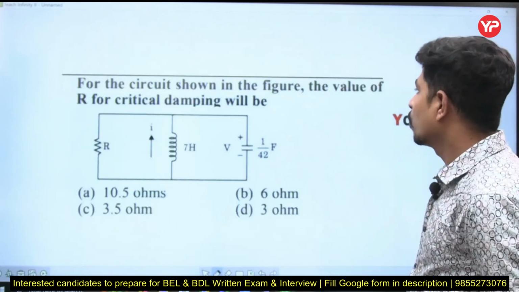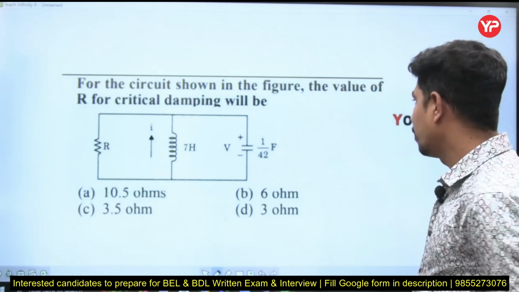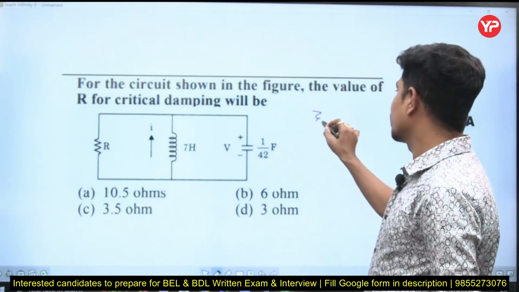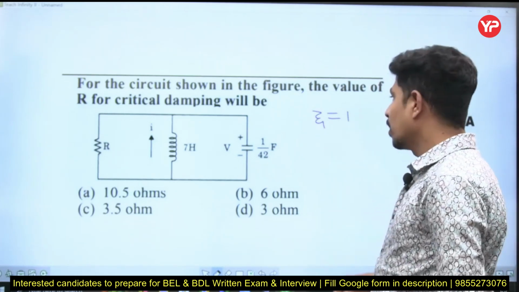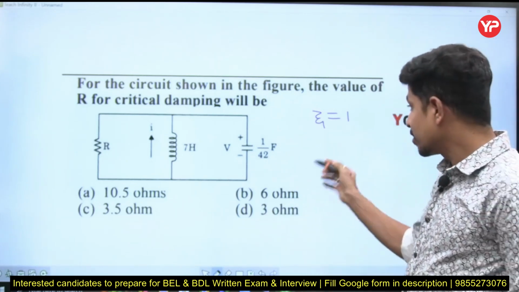Let's go to the next question. For the circuit shown in the figure, find the value of R for critical damping. Critical damping means zeta is equal to 1. It is a parallel RLC circuit. What is the zeta value of parallel RLC?